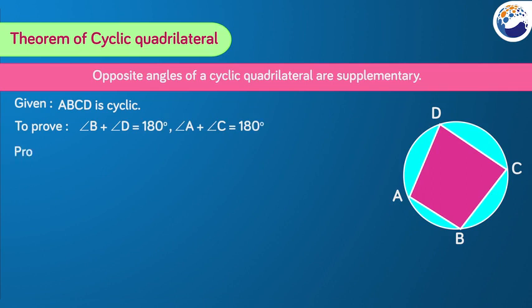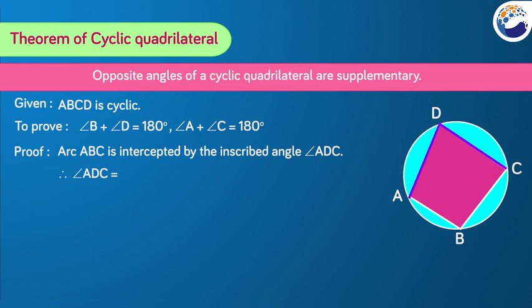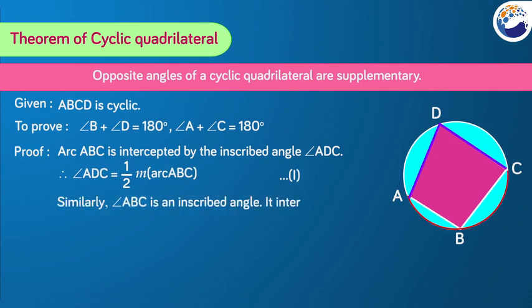Proof. Arc ABC is intercepted by the inscribed angle, angle ADC. Therefore, angle ADC is equal to half the measure of arc ABC. Equation 1. Similarly, angle ABC is an inscribed angle. It intercepts arc ADC. Therefore, the measure of angle ABC is equal to half the measure of arc ADC. Equation 2.